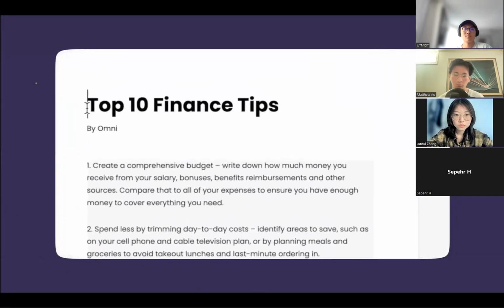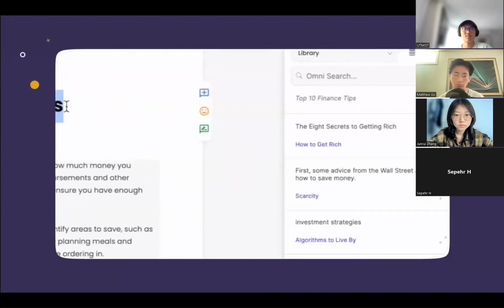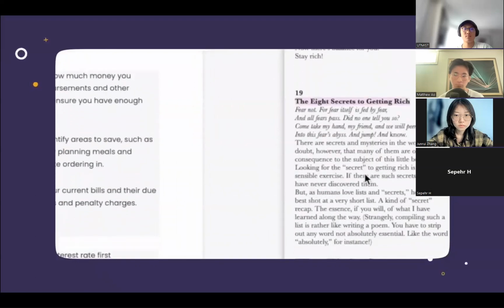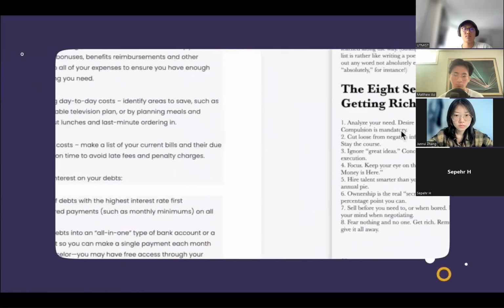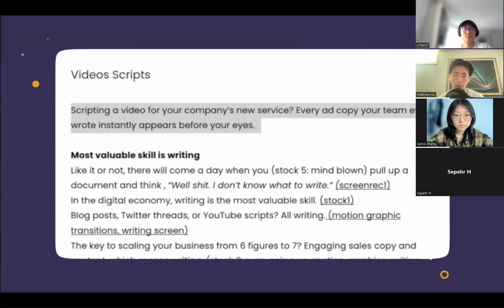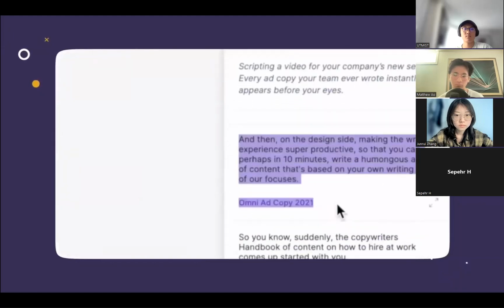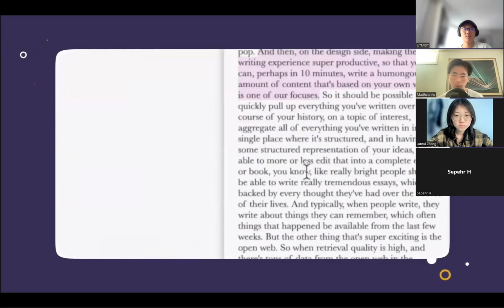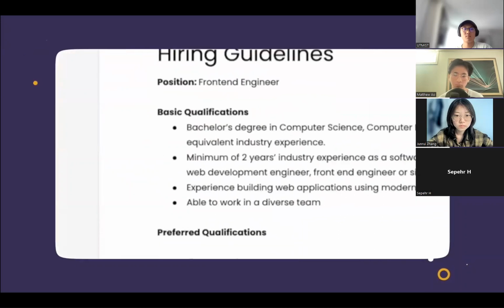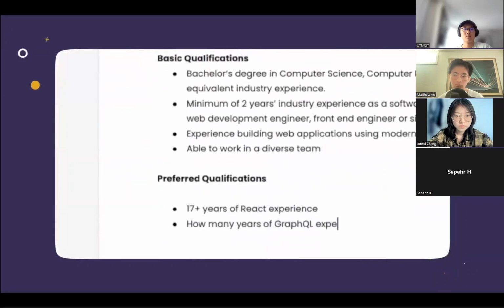Whoa. Planning a blog or YouTube video about top 10 finance tips? Omni instantly recommends the most relevant passages from your favorite finance books. Scripting a video for your company's new service? Every ad copy your team ever wrote instantly appears before your eyes. Writing hiring guidelines for an engineering position, but you missed the last Zoom meeting about this?